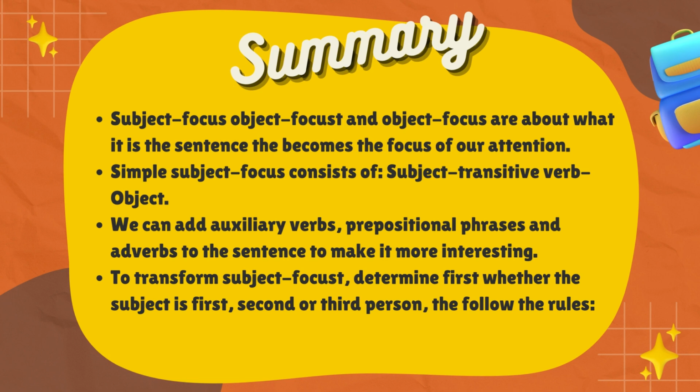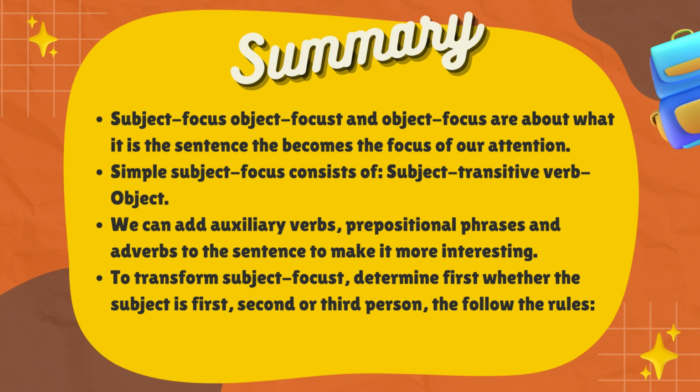Summary. Subject focus and object focus are about what it is in the sentence that becomes the focus of our attention. Simple subject focus consists of subject, transitive verb, object. We can add auxiliary verbs, prepositional phrases, and adverbs to the sentence to make it more interesting.